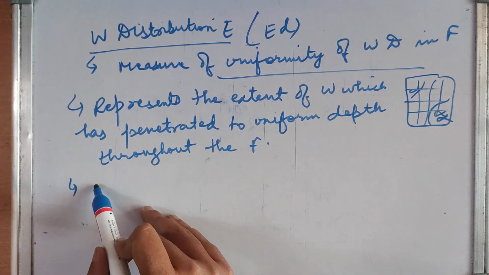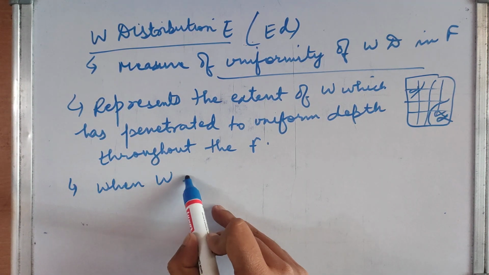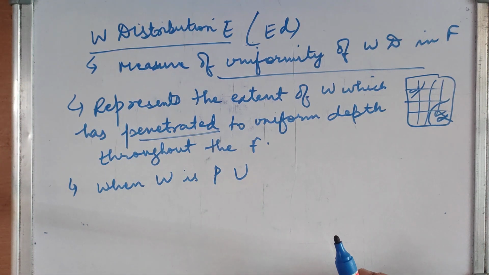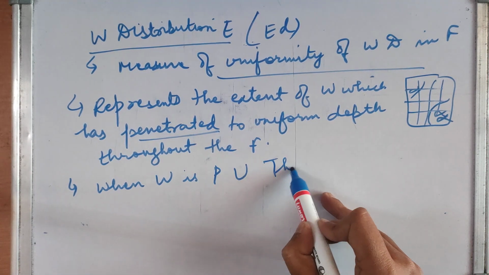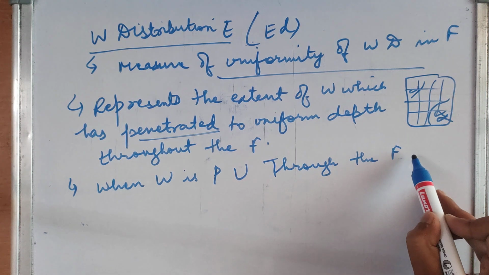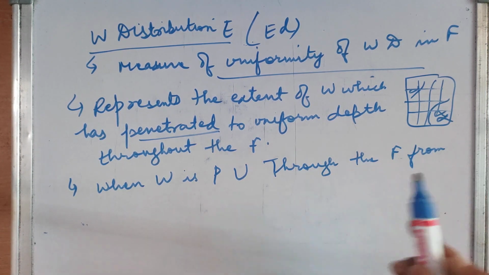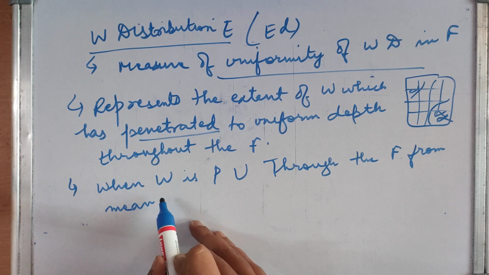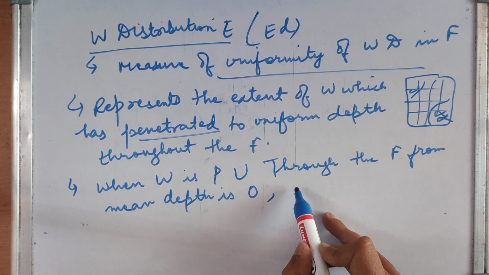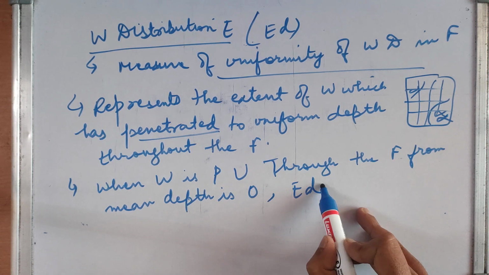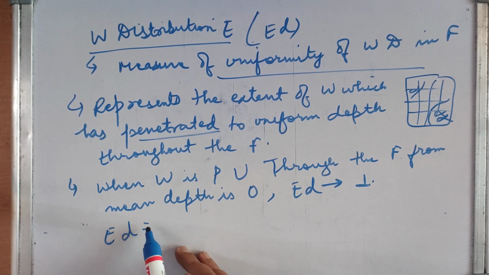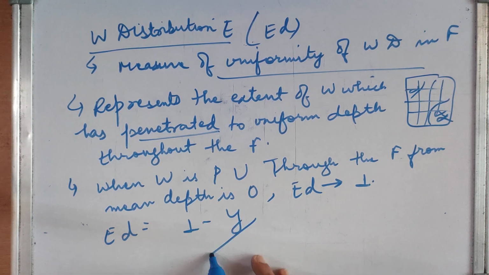When water has penetrated uniformly throughout the field, and the deviation from mean depth is 0, then water distribution efficiency will be 1. So water distribution efficiency is 1 minus y by d, into 100.